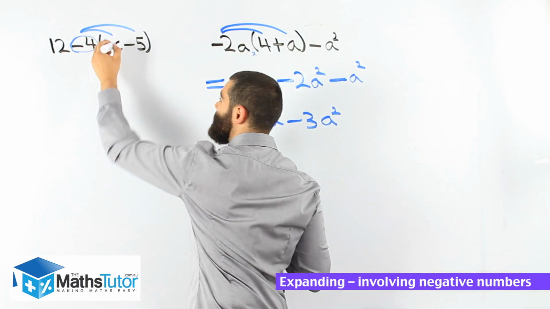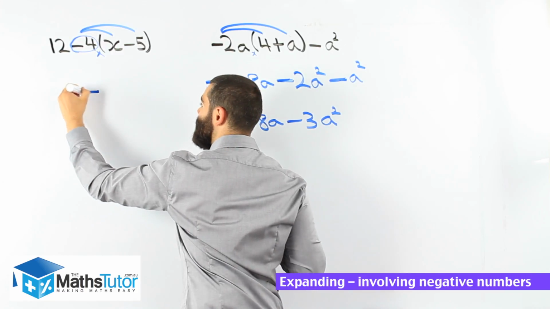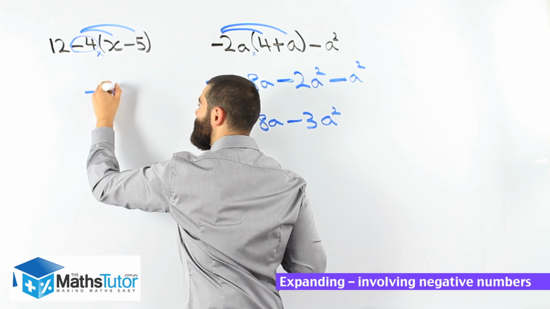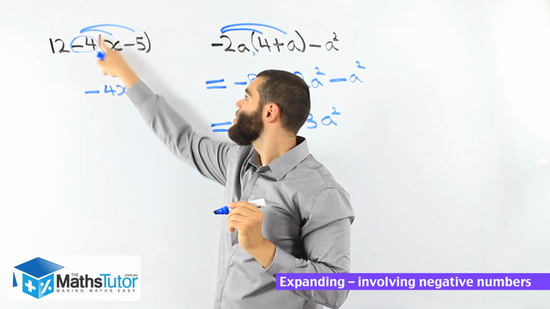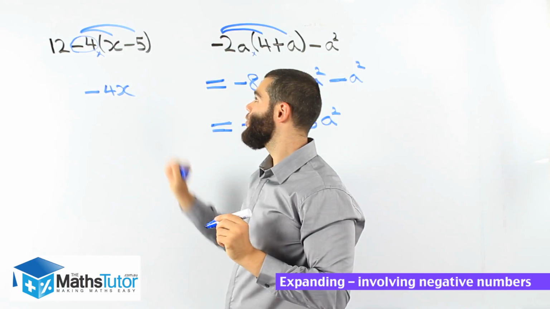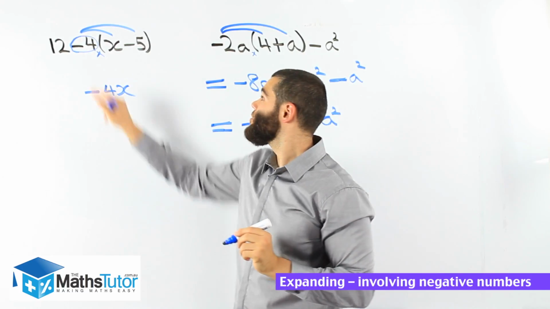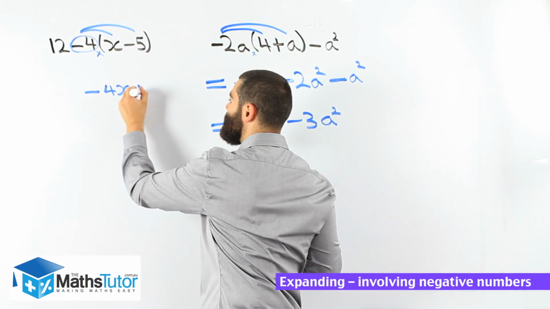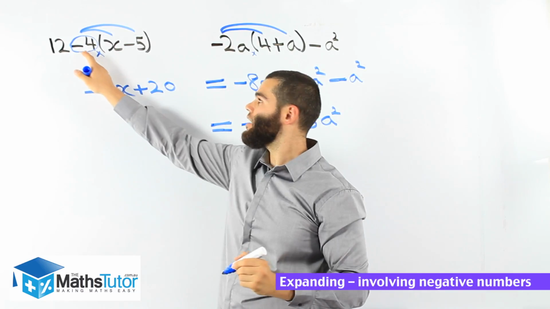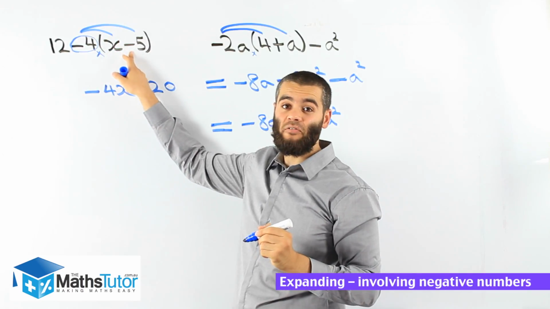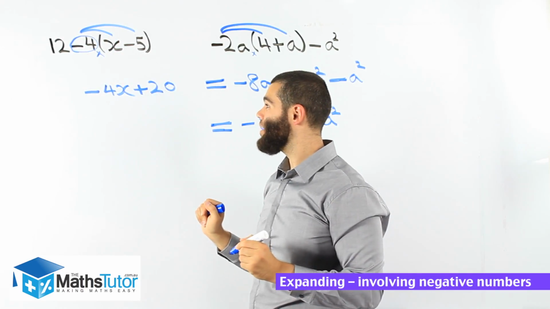Negative 4 times x is negative 4x. Very important that you pick that out. Negative 4 times negative 5 is positive 20.